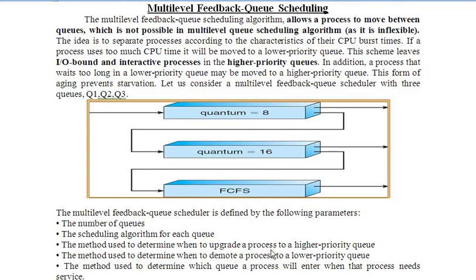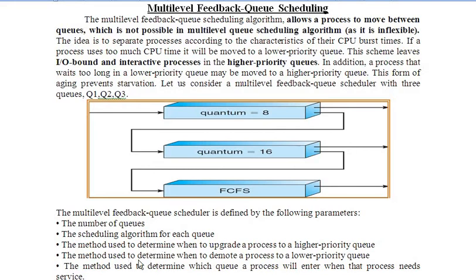What technique are you using? For example, if it is an IO bound process or an interactive process, are you moving it to a higher priority queue, or is the process which takes less time moving to a higher priority queue? So you have to decide and tell. So it is defined based on this also.